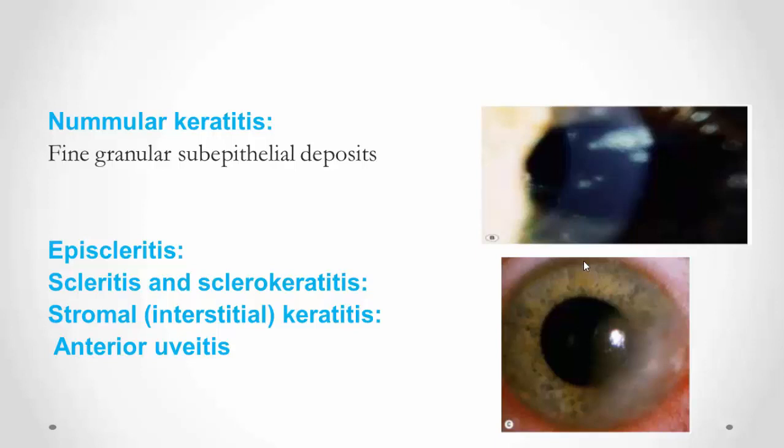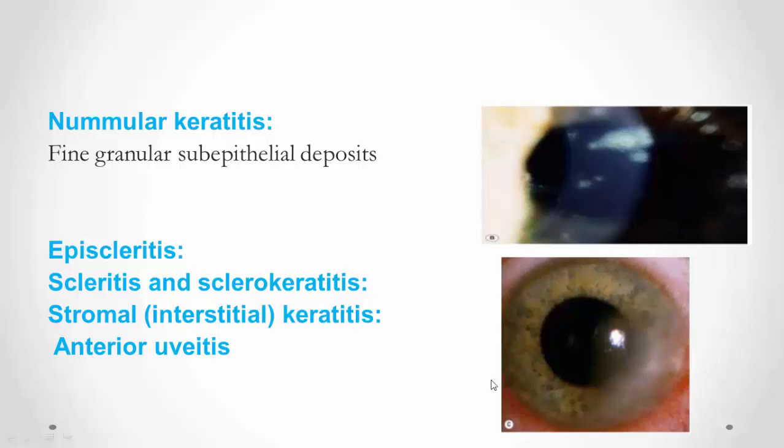The second form is nummular keratitis, which is fine granular subepithelial deposits, like in this photo. The third form is episcleritis. The fourth form is scleritis and sclerokeratitis. And the fifth form is herpetic stromal or interstitial keratitis, like this photo.